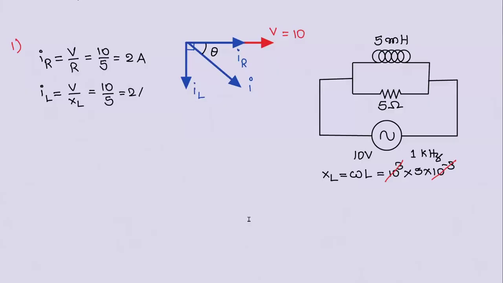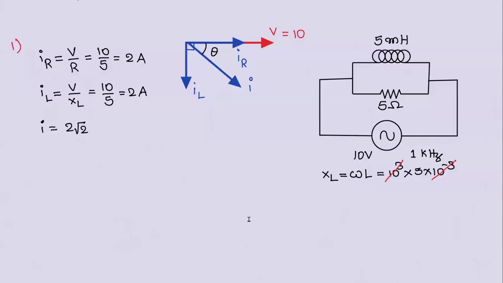That is equal to 10 by 5, so 2 ampere. In normal circuits, if this takes 2 and this takes 2, how much should come in total? Kirchhoff current law says 4. But in this case, it's not like that. It is vector addition here. So resultant current I is equal to the square root of 2 square plus 2 square, which will be 2 root 2.